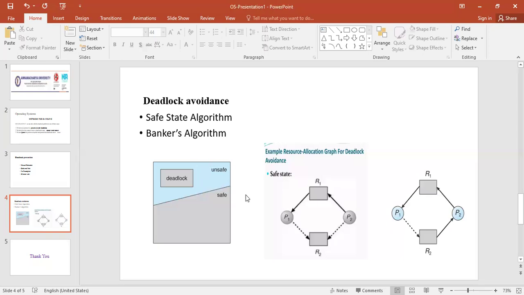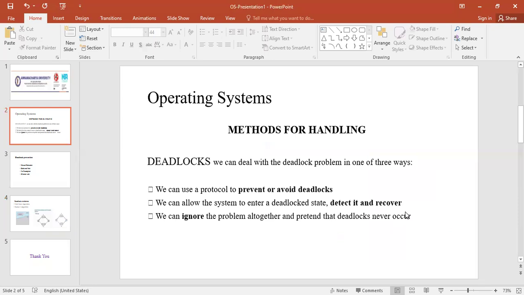So once again, what we discussed in this session, I will repeat. First, methods for handling deadlock. There are three ways: prevent or avoid deadlocks; second, if the deadlock is in a state, detect and recover from it; and the third is ignoring the problem altogether and pretending deadlocks never occur.